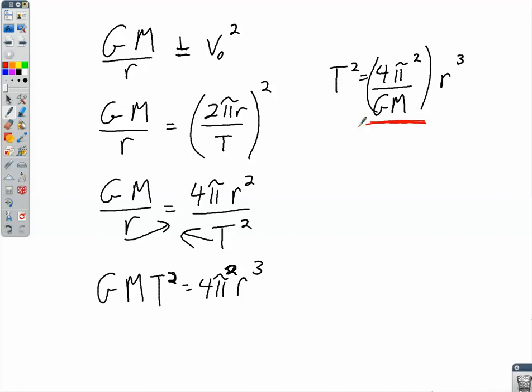So, for example, we can say that Mercury's orbital period squared around the Sun is proportional to its orbital radius cubed around the Sun. And the mass of the Sun is going to go in there in that fraction. And Earth's orbital period squared is going to be proportional to Earth's orbital radius cubed. And we can do that for any planet orbiting around the Sun.